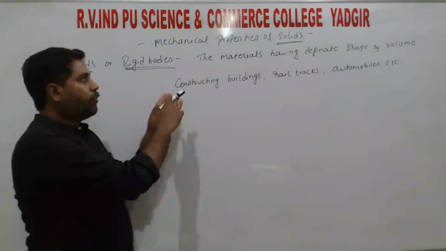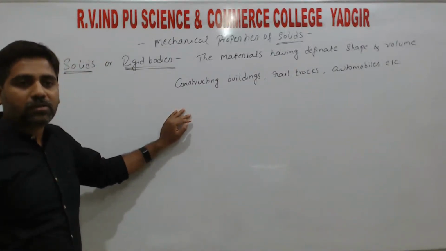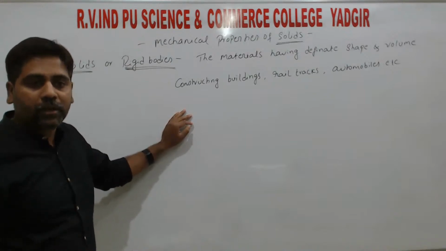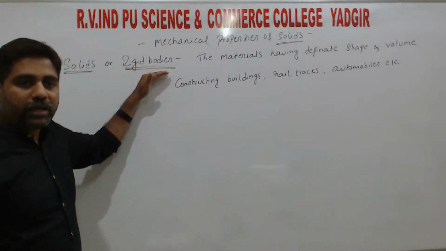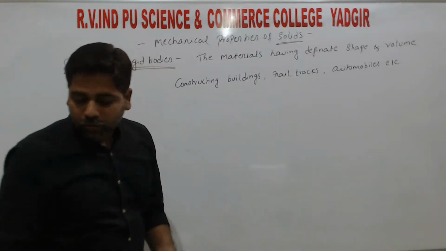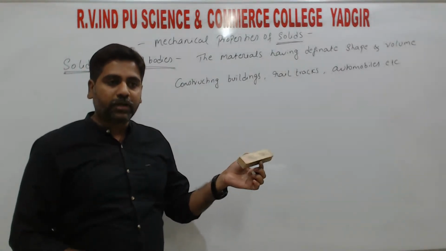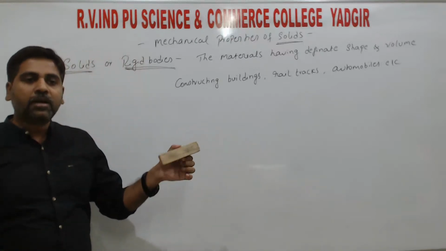So what are the mechanical properties? In this chapter we are going to discuss the forces or loads which act on these materials, right? For example, here we have the duster. The duster is an example of a rigid body because it has a definite shape and volume, right?